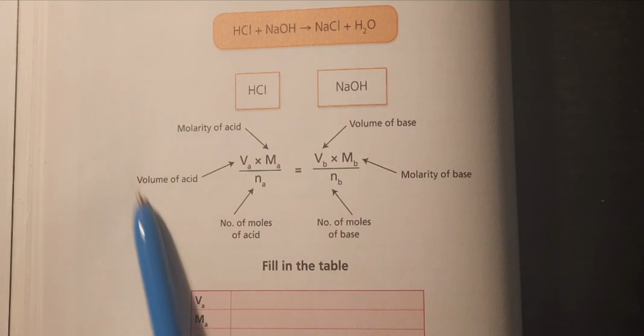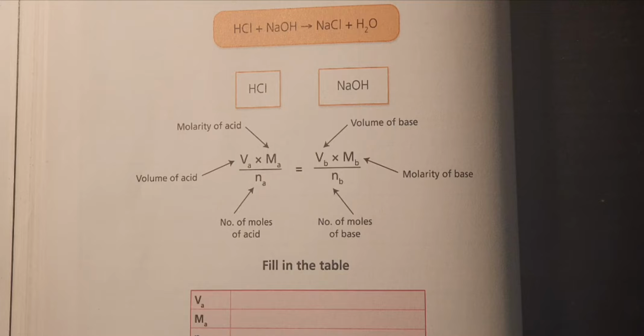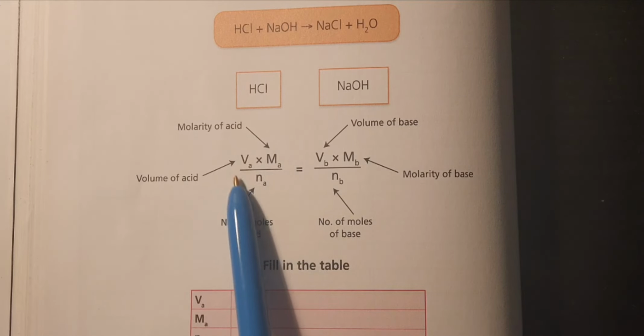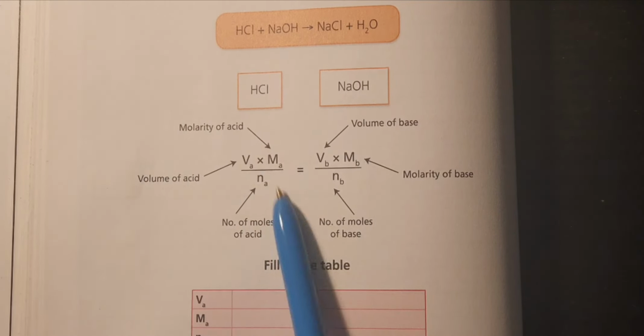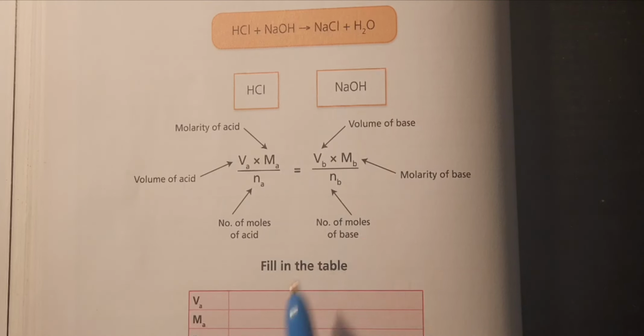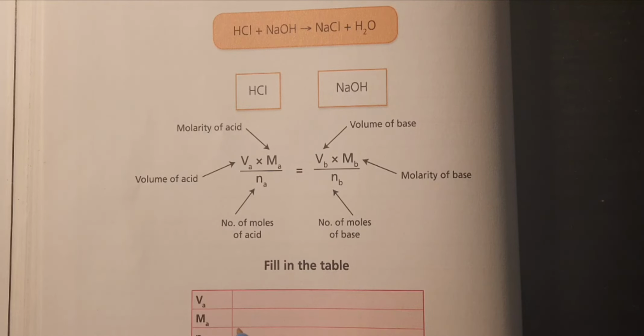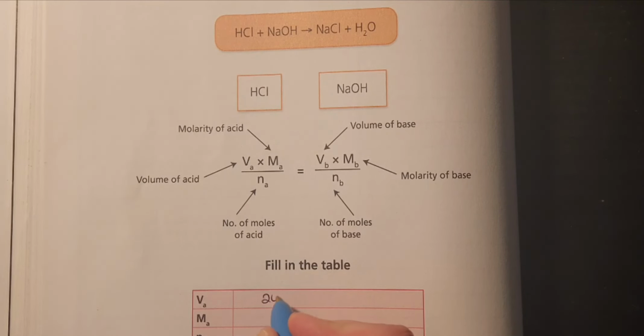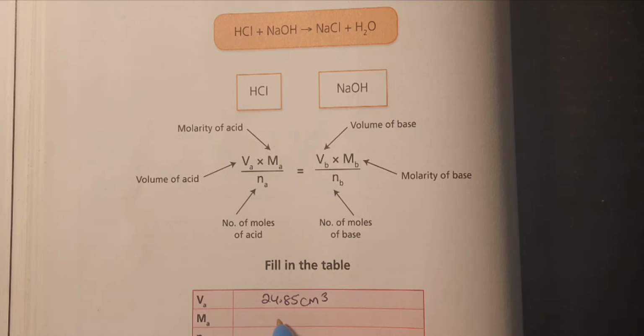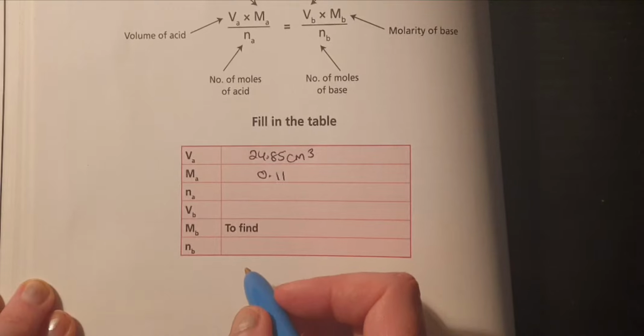We move down, this is the formula that we always use for our titration experiments. It contains acids this side and bases this side. So the volume for the acid, that's your average titer, so whatever you got, you can put it in here. My one is 24.85 centimeters cubed. The molarity of the acid we worked out in the previous titration experiment, so this number again is probably going to be different for you.